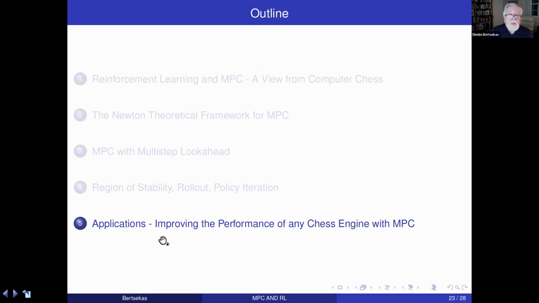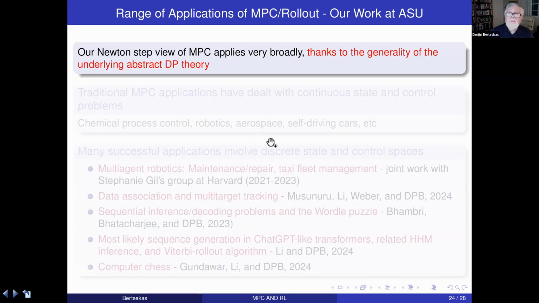So now let me spend some time on applications with a focus on our work at ASU. First, let me note that the Newton step view of MPC applies very broadly, thanks to the generality of the underlying abstract dynamic programming theory, which I haven't talked about, but this is what underlies the Newton step view.